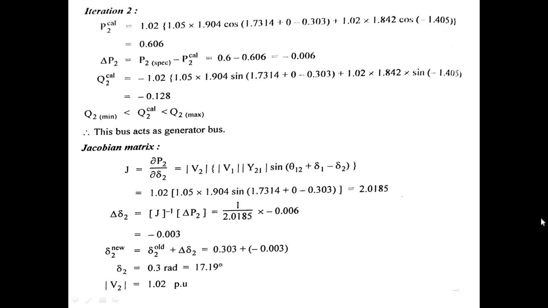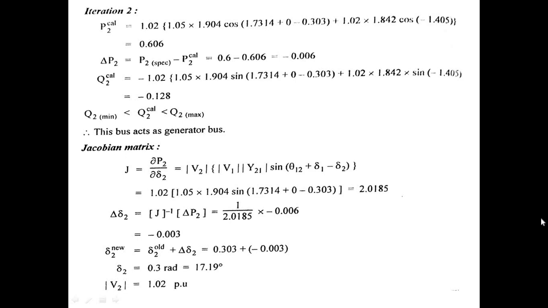Q2 calculation is equal to 1.02 into 1.05 into 1.904 sin 1.7314 plus 0 minus 0.303 plus 1.02 into 1.842 into sin, that is equal to the total value of Q2 equal to minus 0.128. Then Q2 minimum is less than Q2 calculation, less than or equal to Q2 max. This bus acts as a generator bus.